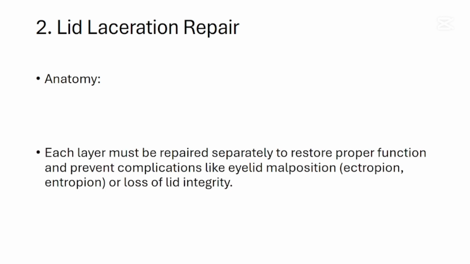Ideally each layer has to be repaired separately to restore proper function both anatomically and physiologically. If you don't have a proper position, the lid might not look in its normal curvature, and there might be ectropion or entropion, that is the lid can turn out or turn in, which leads to loss of lid integrity.